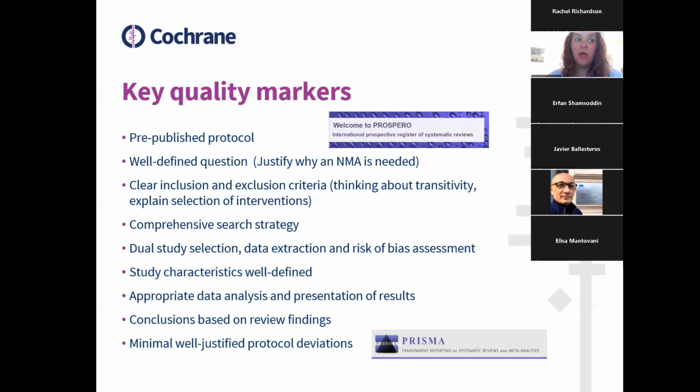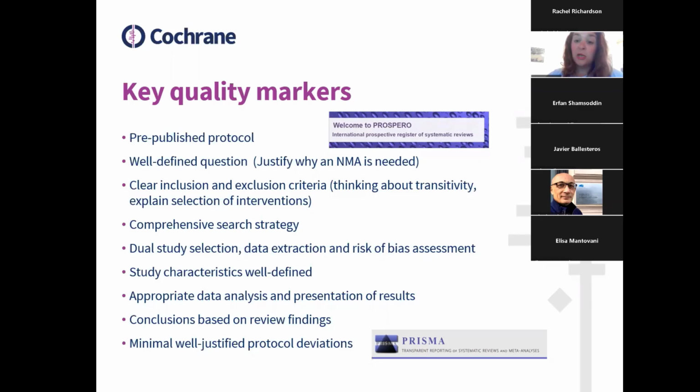So, for example, if you were looking at a placebo arm, in some studies it was given by an injection and in others a tablet, it mightn't be suitable to actually include those together. And also looking at the potential effect modifiers across the different trials as well, and making sure they're balanced. So, for example, if you had all children in one trial and adults in another, then it mightn't be suitable to include those within the same network.